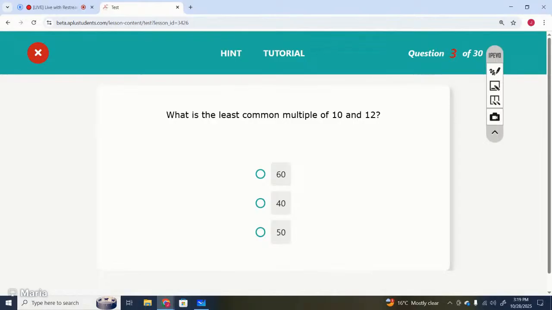What is the least common multiple of 10 and 12?